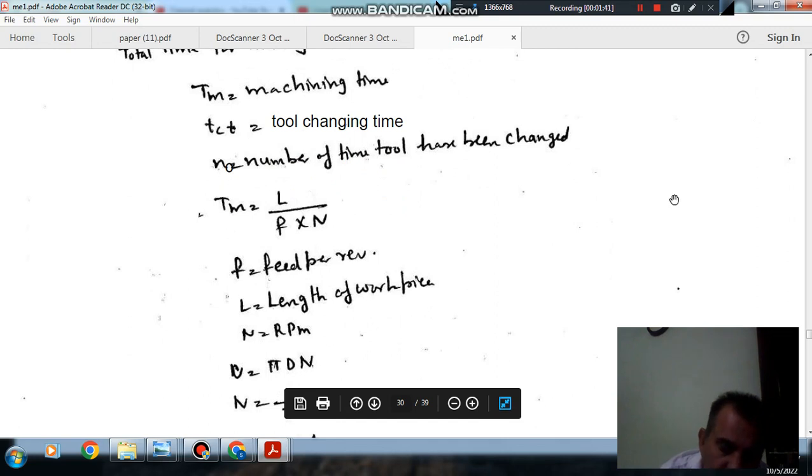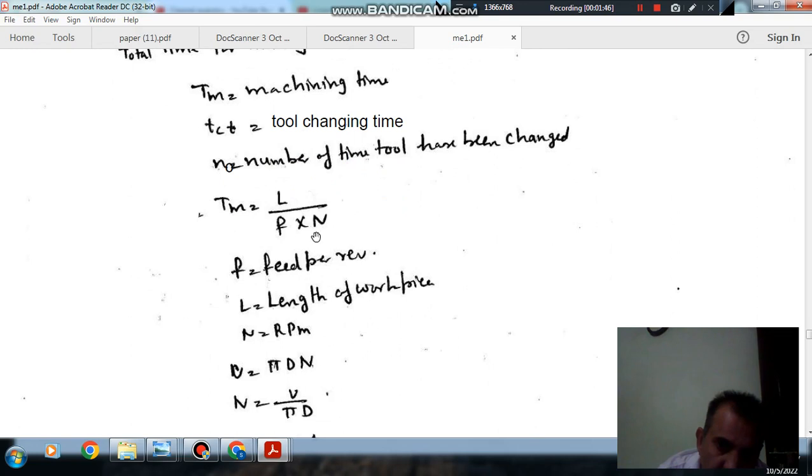As turning is performed, this is the length of the workpiece, and the revolutions per minute is N. So if we multiply the feed by N, it will be in mm per minute. So this will become velocity in the direction of length, and the distance is L. So the time is distance by velocity.